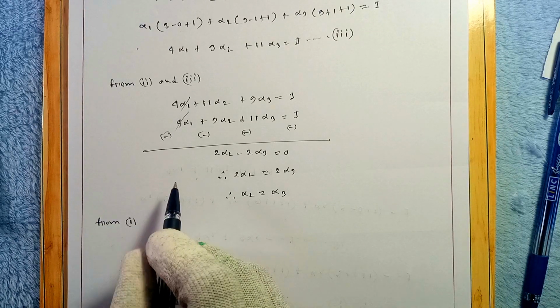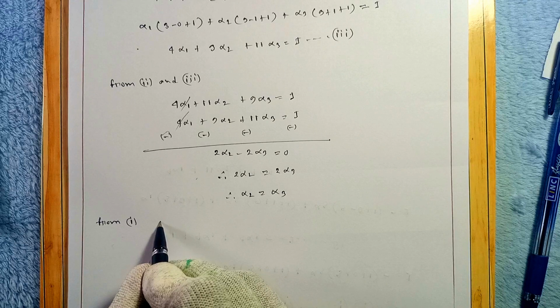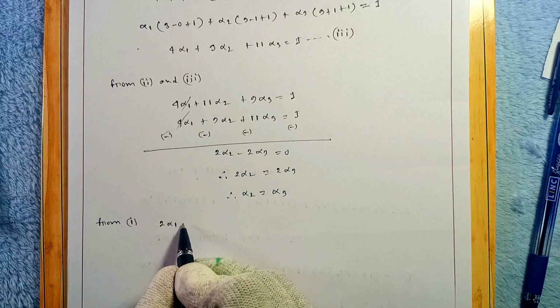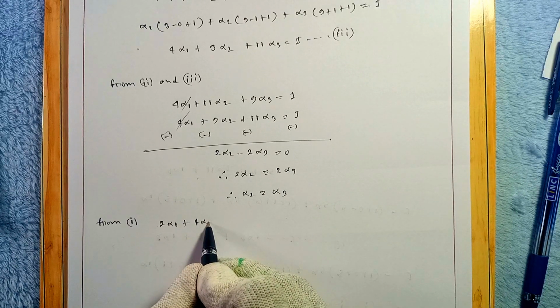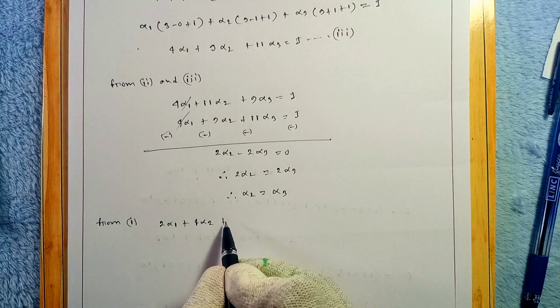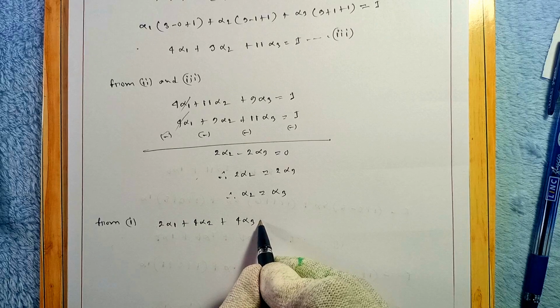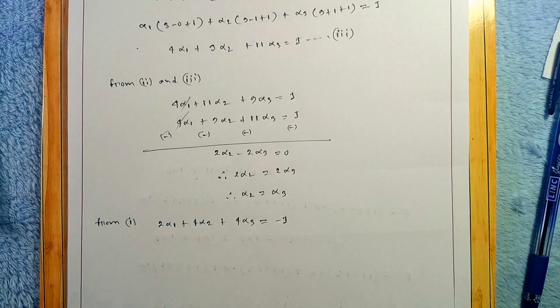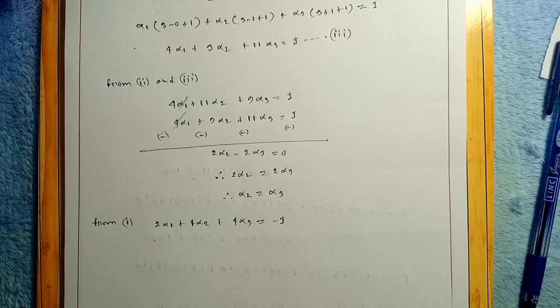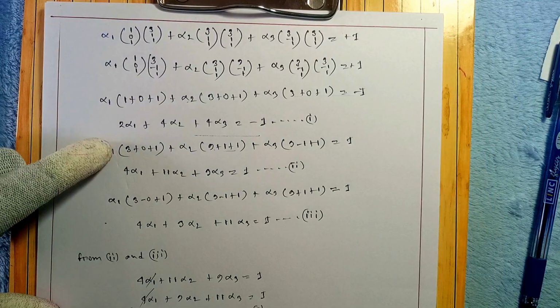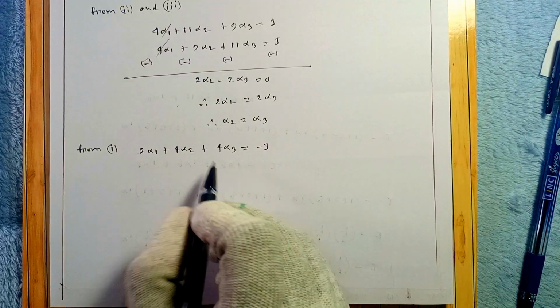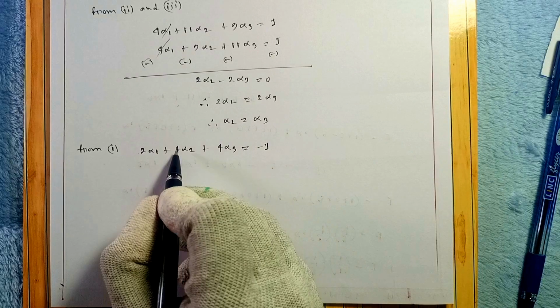So we got the value alpha 2 and alpha 3 from equation 1. We got the value, that is 2 alpha 1 plus 4 alpha 2 plus 4 alpha 3 equal to minus 1. So we write the last equation, number 1. Okay, here, look, alpha 2 and alpha 3 are equal.